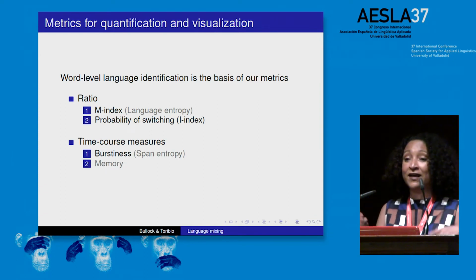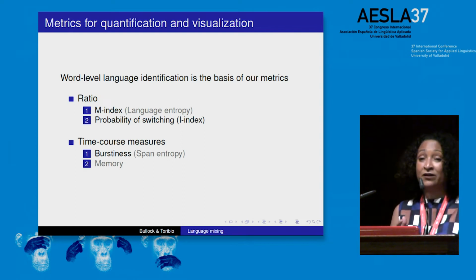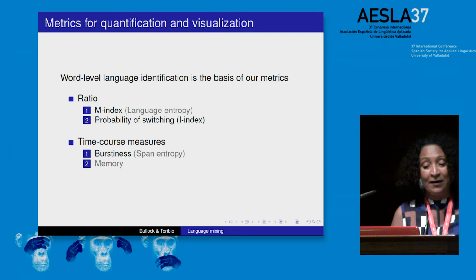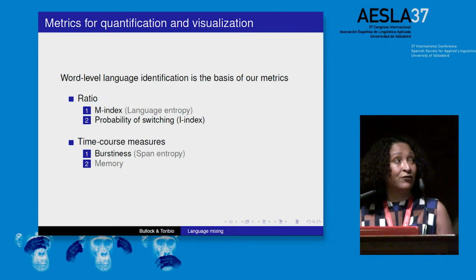A simple word like sail or sale, right? Is it a noun or is it a verb? Or is it a determiner in English or is it a preposition in Spanish? Okay, so again, word level language annotation is the basis for the metrics that we'll be discussing.